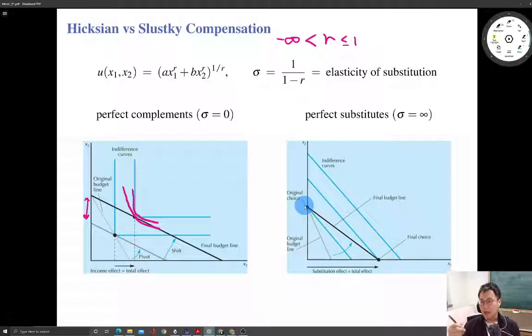But in case of Hicksian compensation, with this new slope, from the origin, we gradually increase the consumer's income. This can be thought of as the adjustment process of income, to the extent that now we can reach the original indifference curve.